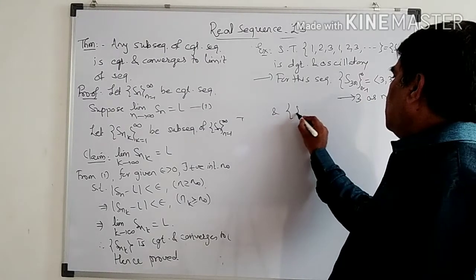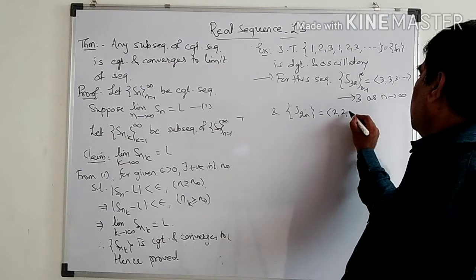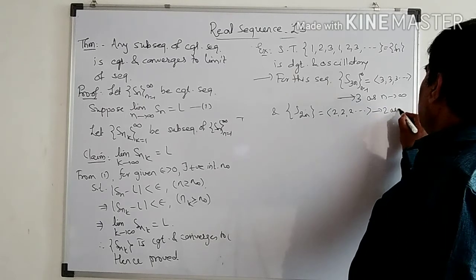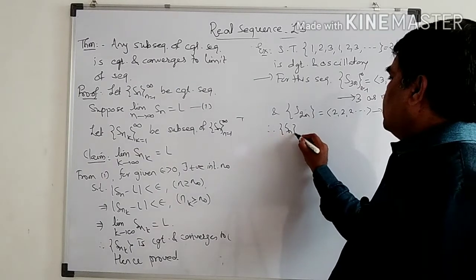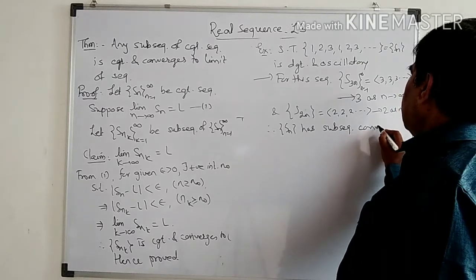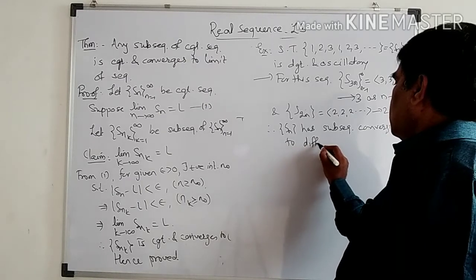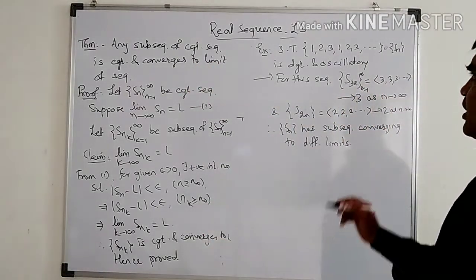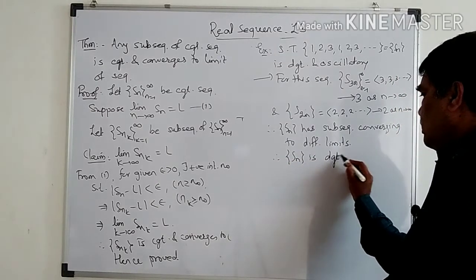And if I take S2n, it will become 2 2 2 and so on. It tends to 2 as n tends to infinity. Therefore, Sn has subsequences converging to different limits. And therefore, by this result, the given sequence cannot be convergent. Therefore, Sn is divergent.